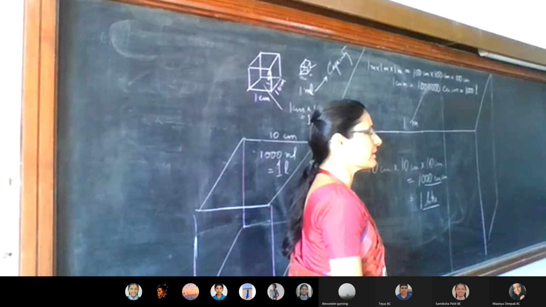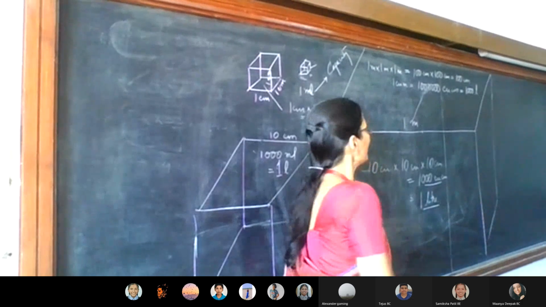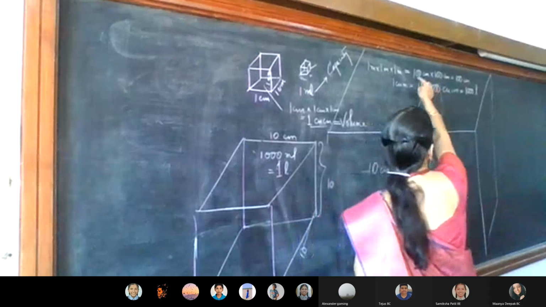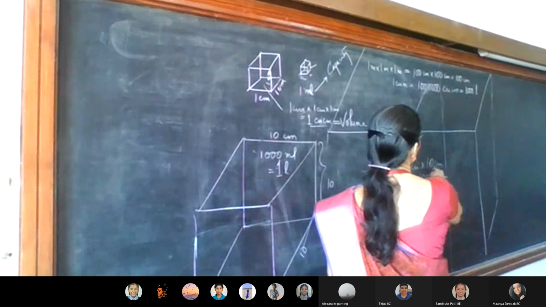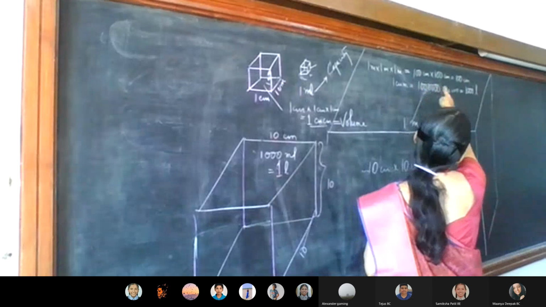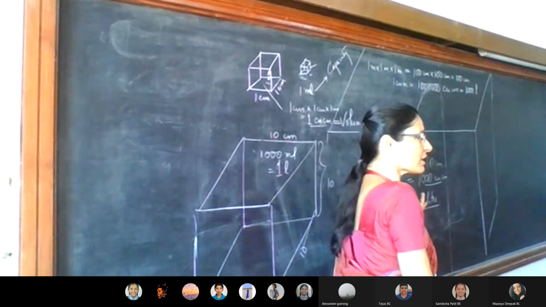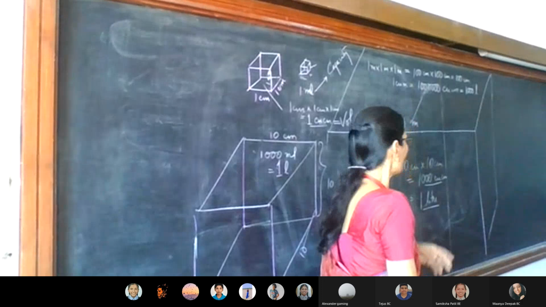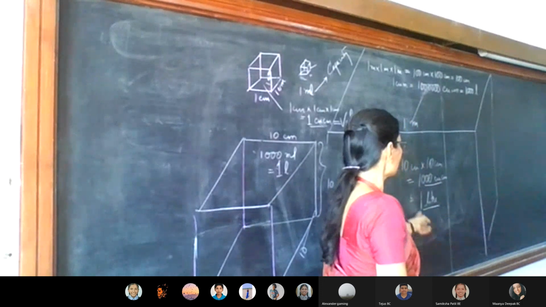What did you not understand? You can observe here. 100 centimeter. So see here, there is 1000 ml.